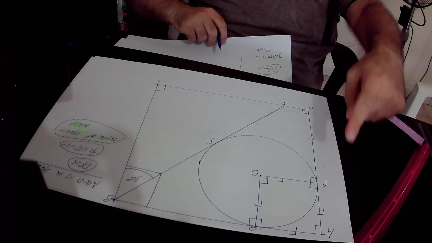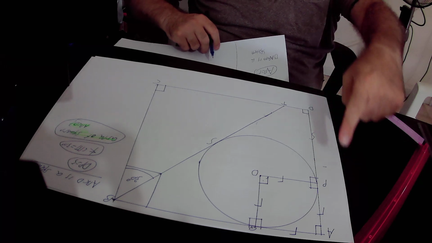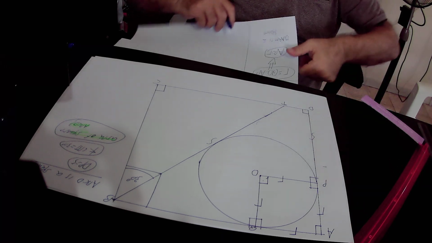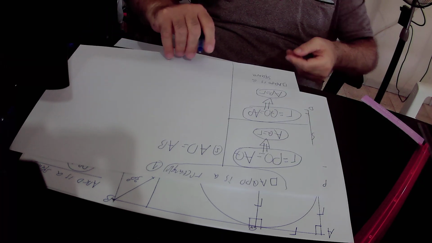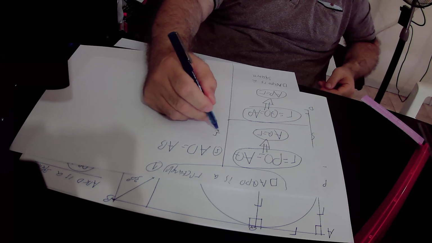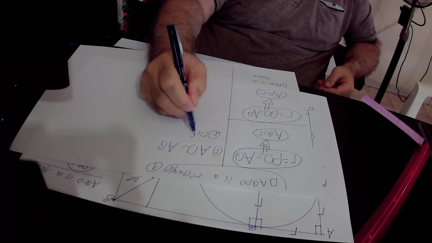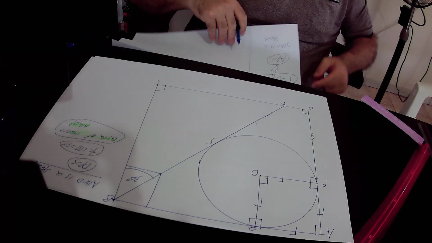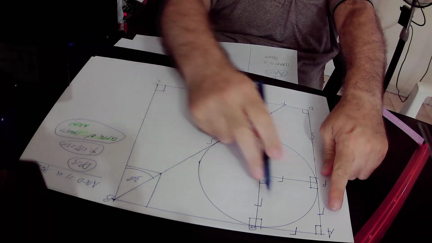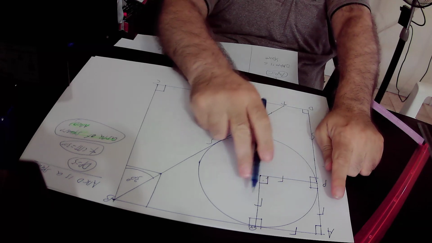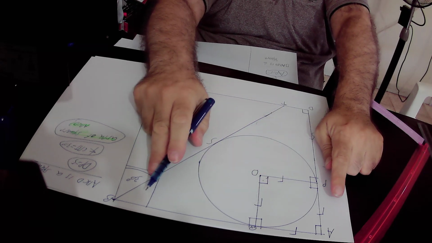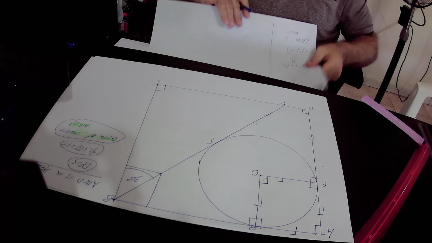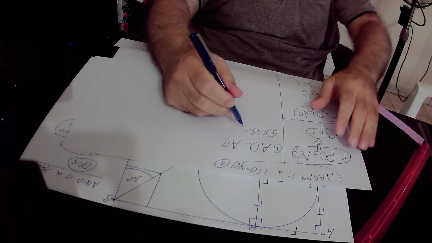What is the value of AD? AD equals R plus 5. And what is the value of AB? AB equals R plus QB.